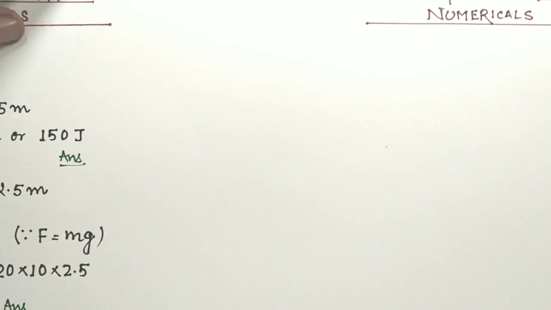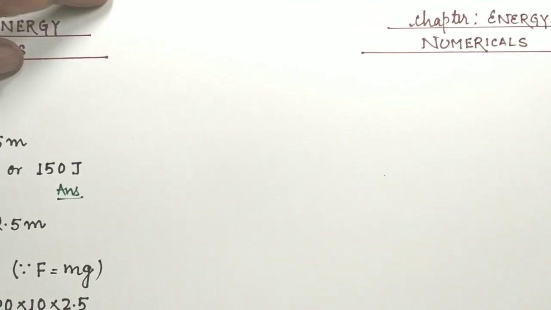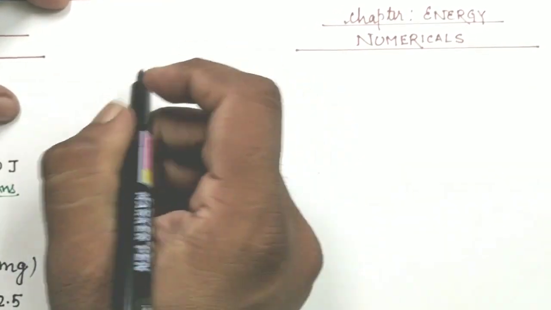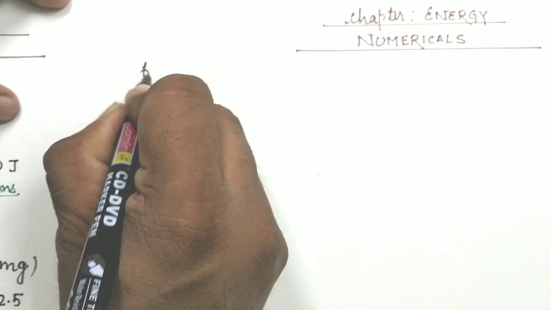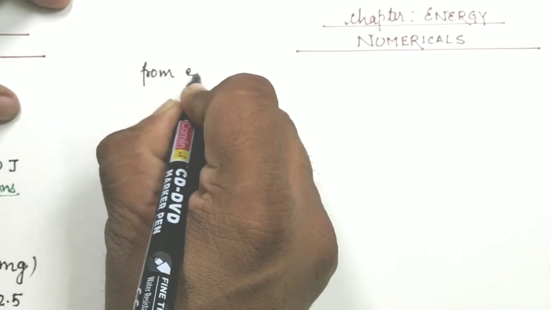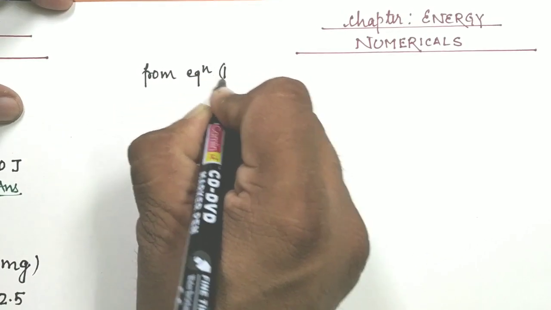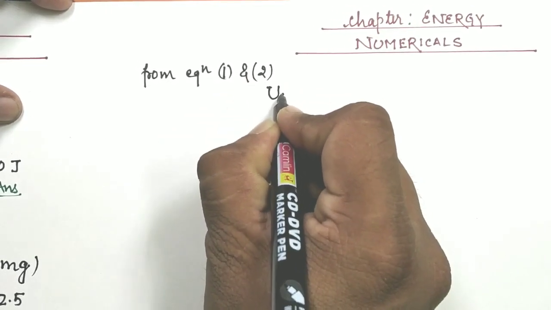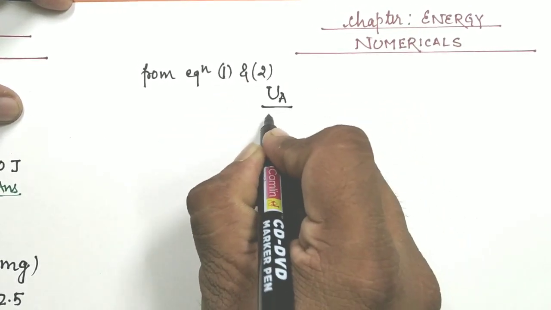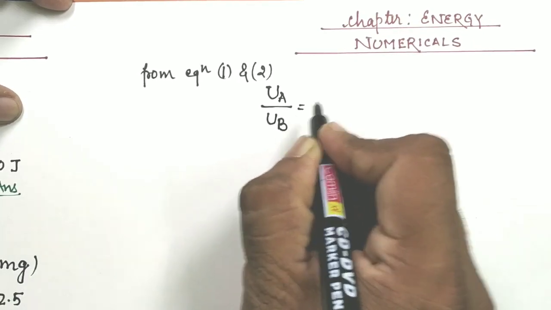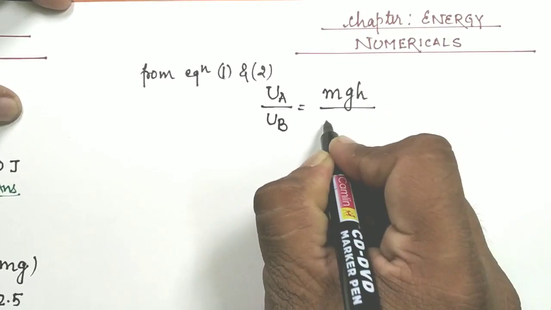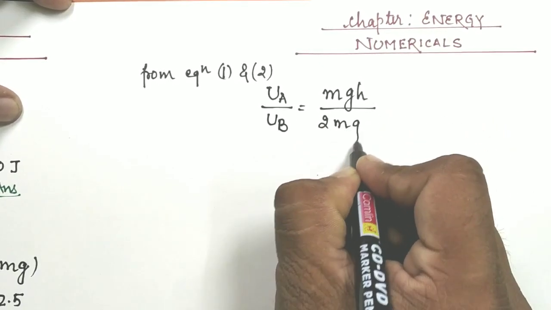Okay students, so what we have to do is compare the energies in both the conditions. Now from equation 1 and 2, the potential energy of body A upon the potential energy of body B will be mgh upon 2mgh.